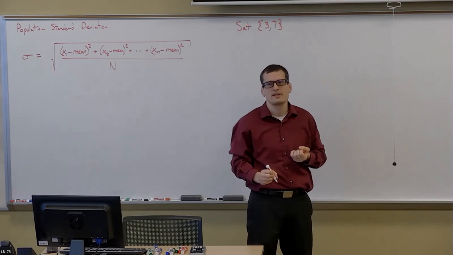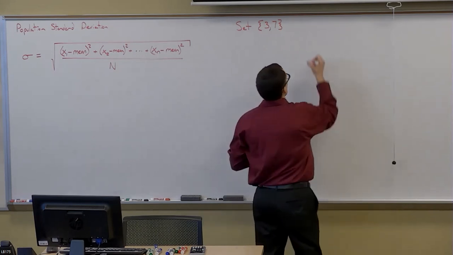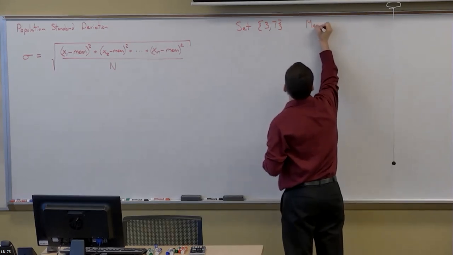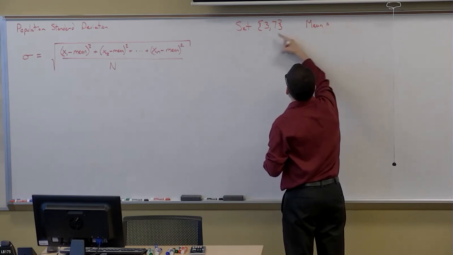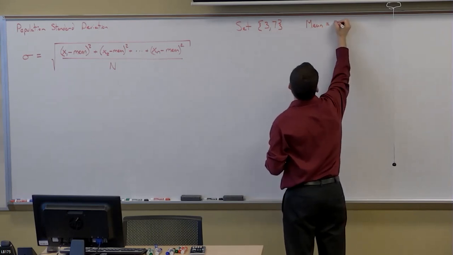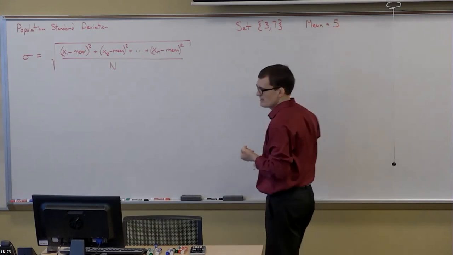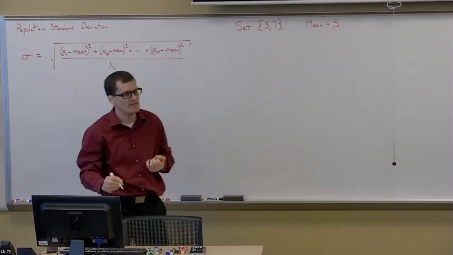The average of that set, the mean, add 3 and 7 divided by 2, you get a 5. So the average is 5.